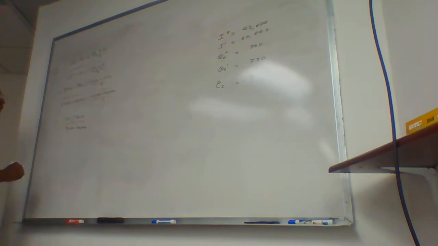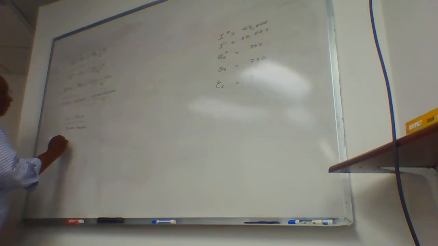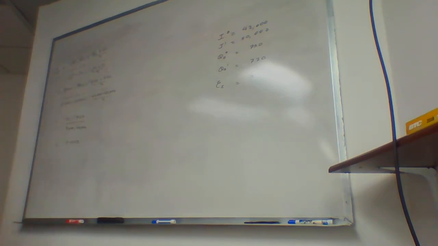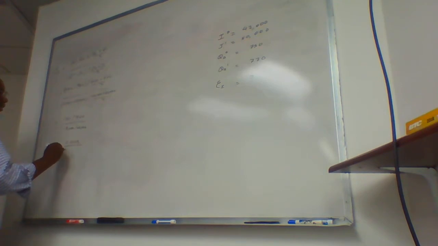All right, so 20 divided by 760 is 0.0263. What's after the 3? 1. Okay, and 8,000 divided by 46,000, that's not as bad as I thought it would be. 0.1739.